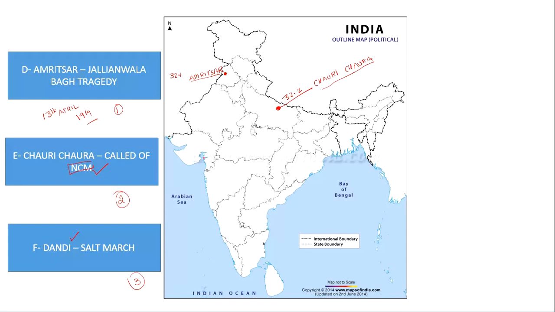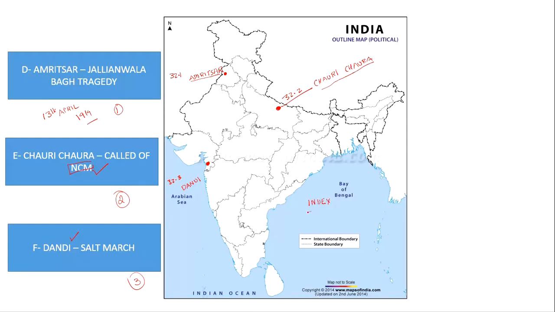So you can locate Dandi somewhere here, coastal area, Gujarat, southernmost part here. So this is the third important place here. So let me write roughly, for example, as 32.3. You can write Dandi.